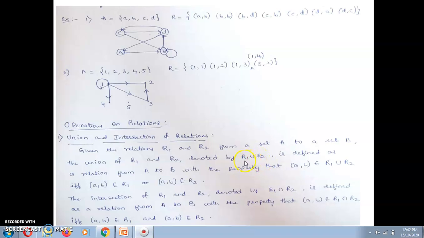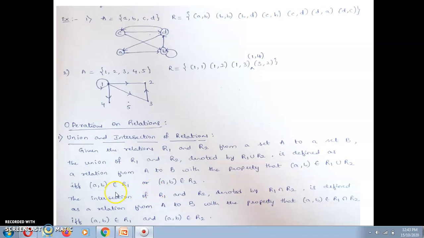Union is denoted by capital U and is defined as a relation from A to B with the property that (a, b) belongs to R1 ∪ R2 if (a, b) belongs to R1 or (a, b) belongs to R2. So there is an OR operation in the union.